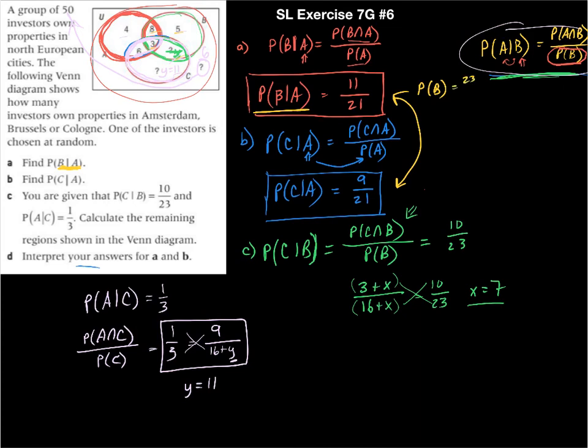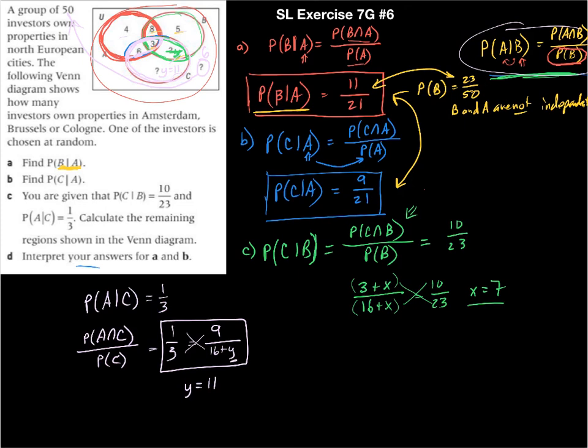So I've got 23 out of a total of 50. These two numbers are definitely not the same. Because the probability of B given A is different from the probability of B, we can definitely say that B and A are not independent.